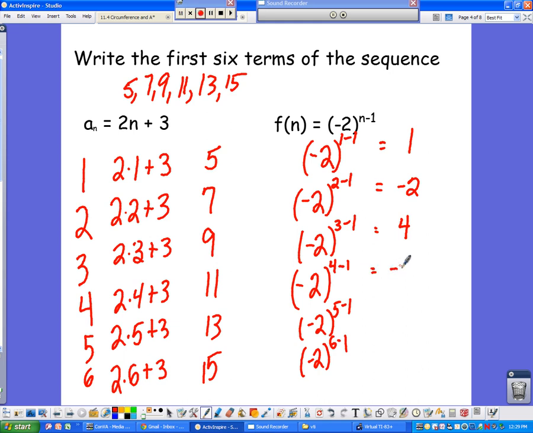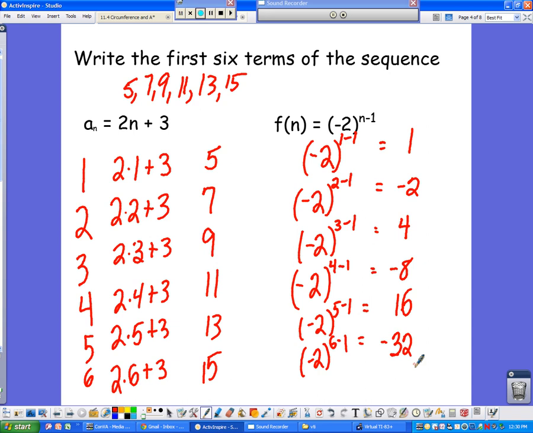Negative 2 to the third is going to give me negative 8. And the next one, 5 minus 1 is 4, so negative 2 to the fourth is going to give me a positive 16. And the last one, 6 minus 1 is 5. Negative 2 to the fifth power gives me a negative 32.